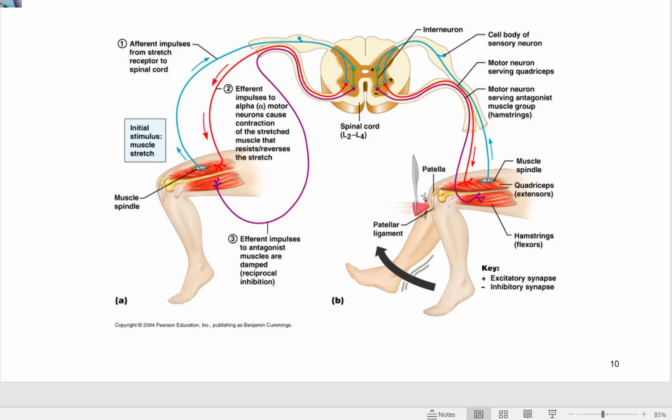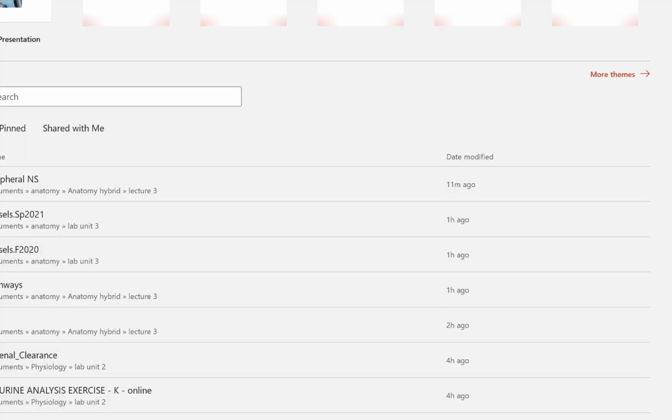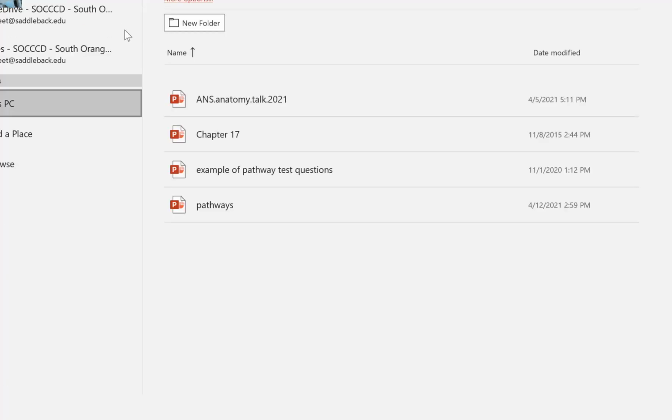So you can have the blank template to practice with, and you can also see my notes to also refer to. Are there any questions? I'm saving this before I forget.